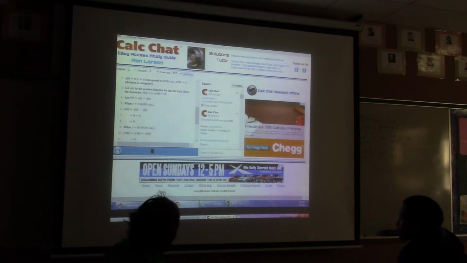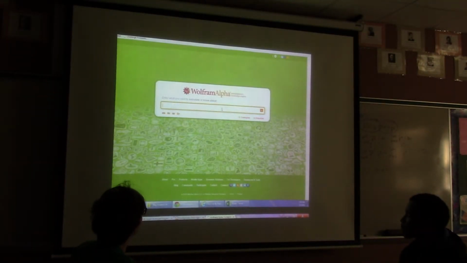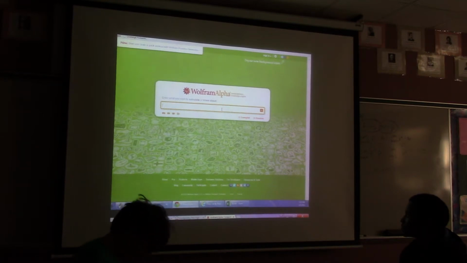Another resource is Wolfram Alpha. This is a great website. I bet a bunch of you know about this already also. This will just more or less do math for you. So this is what you do if you have some partial fractions problem and you don't want to do it, or you want to check and see if you did it right. You type it into Wolfram Alpha and it just does all the things.